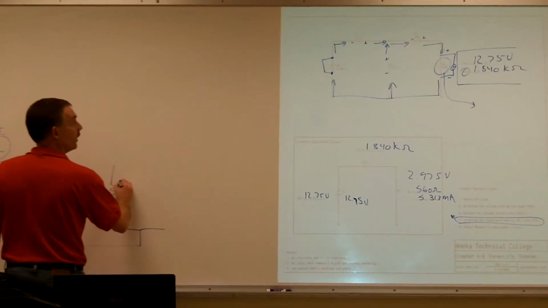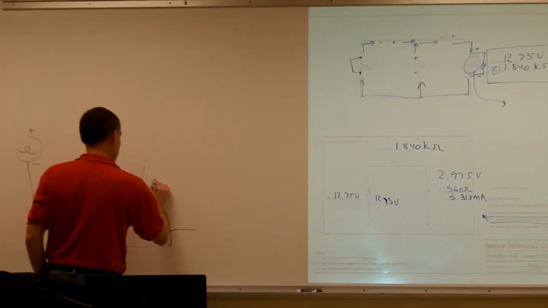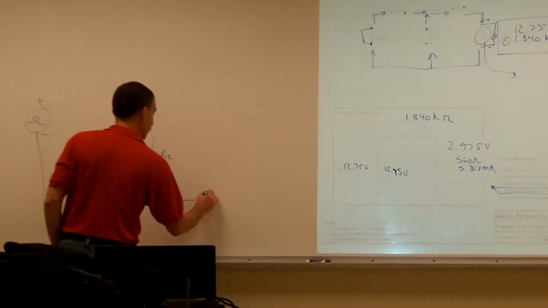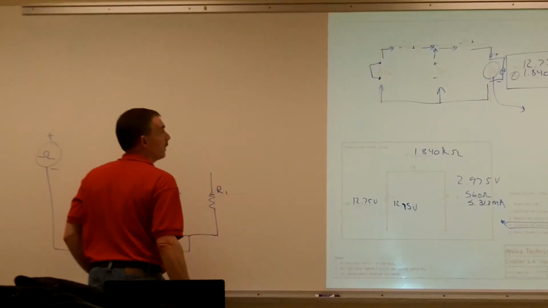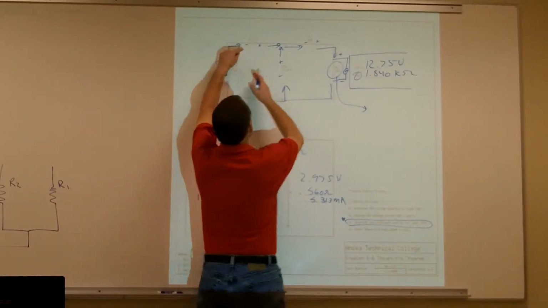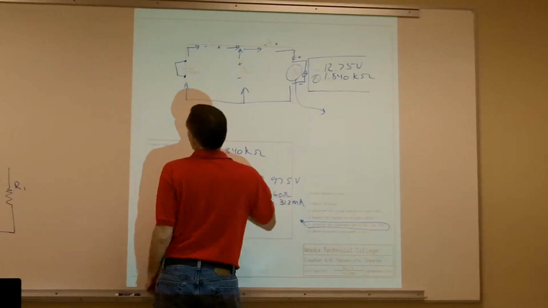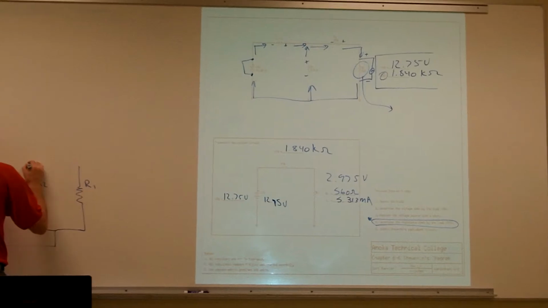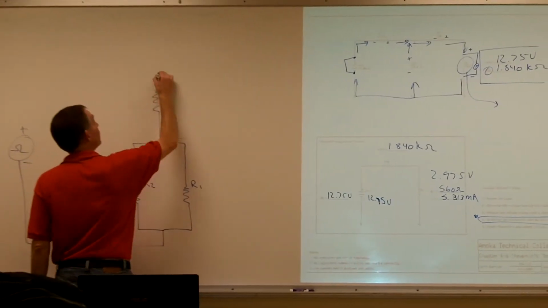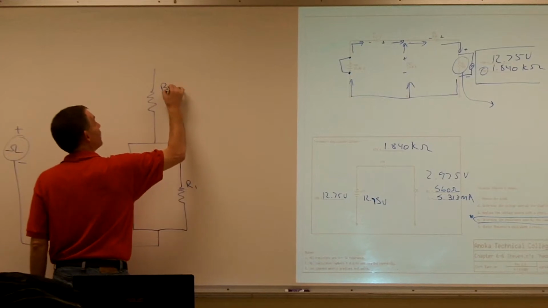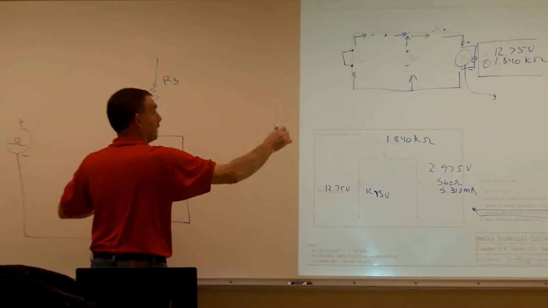Then some of it went through R2, some of it went through R1. So R2 and R1, and then those two combined back together. And then that all goes through R3. And then R3 goes back into my ohm meter.